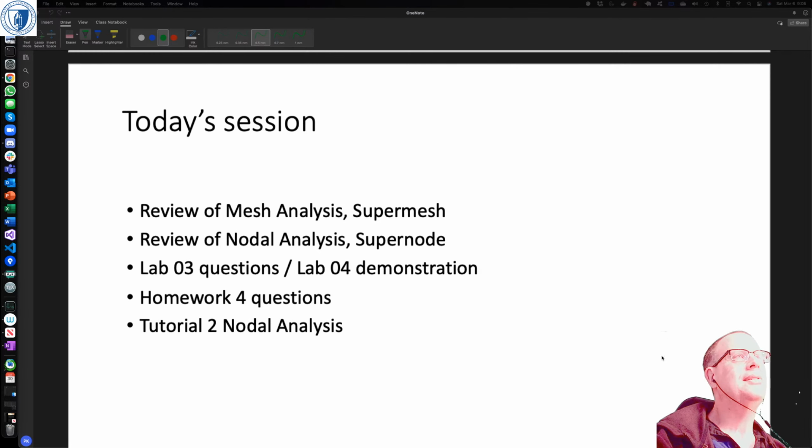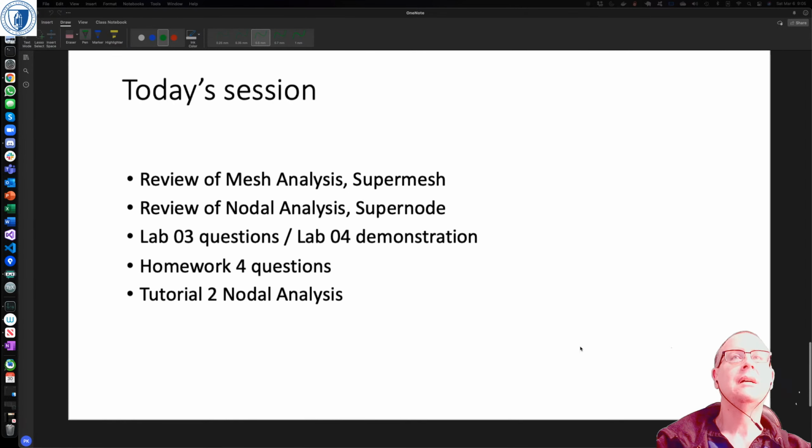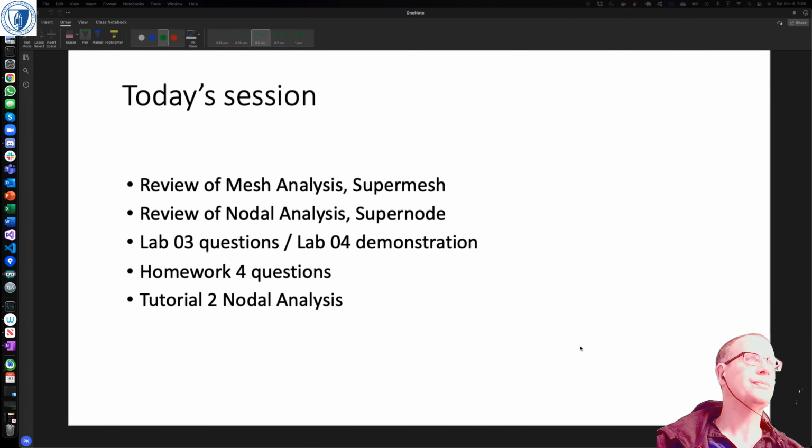One of them is some of the answers require units, and other parts of the answers don't require units. Usually the equations don't require units. Okay. And then Lab 4 is due next week, and I'll do a demonstration of that. We'll see if we can go through that. Any questions so far?